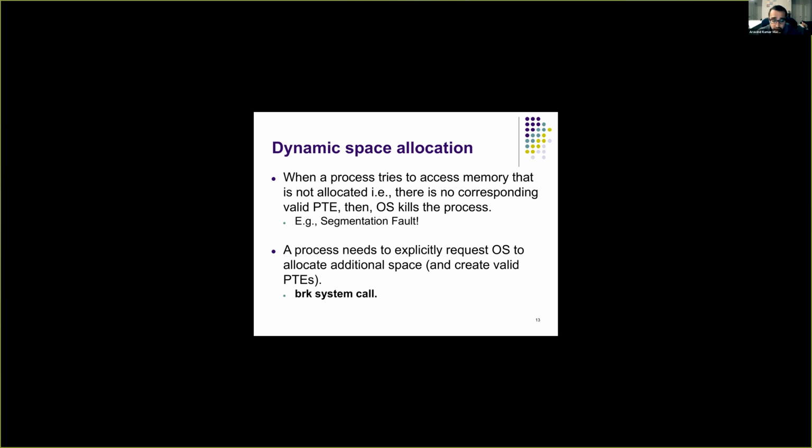In the Linux kernel, it's called the brk system call. When a process makes this system call, the operating system allocates one free page in the virtual address space and returns that particular virtual address.